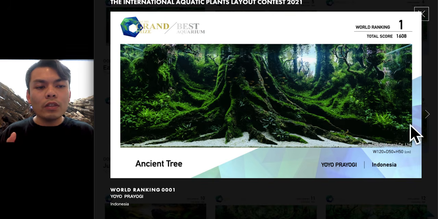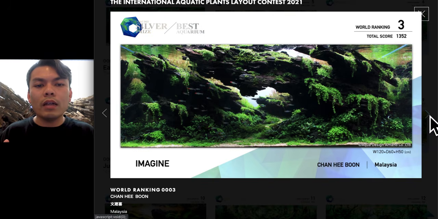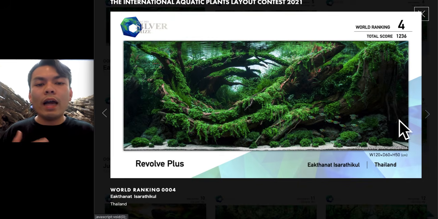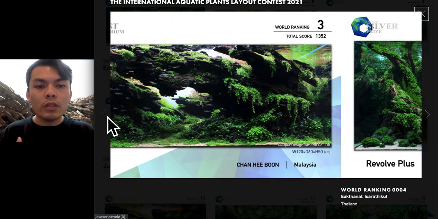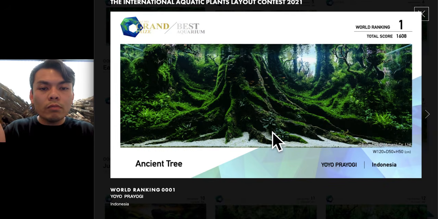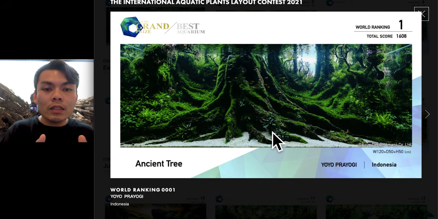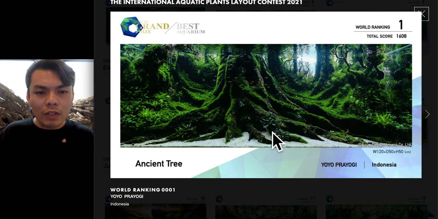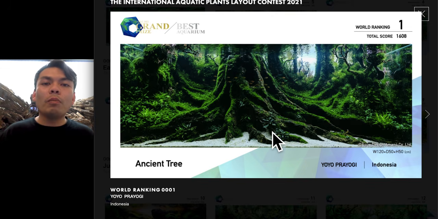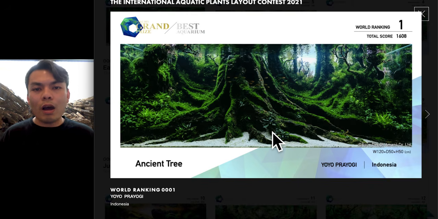Because if you notice, all of these aquariums here, whilst having their complexities, are not outside of the reach of most aquarists or plant keepers, because we can create an aquascape like this and plant it in the same way. So to me, this is really inspirational. It makes me want to create aquascapes, and I think that's what the competition is all about. It's about inspiring aquascaping across the world.